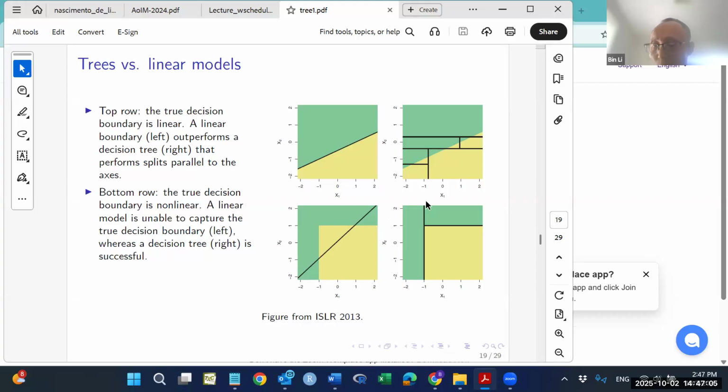In this case, we can easily fit a tree model to get a good approximation of the true boundary. So it really depends. Sometimes the tree works better than the linear model, sometimes the linear model works better. It depends on the underlying true relationship between the x and y.